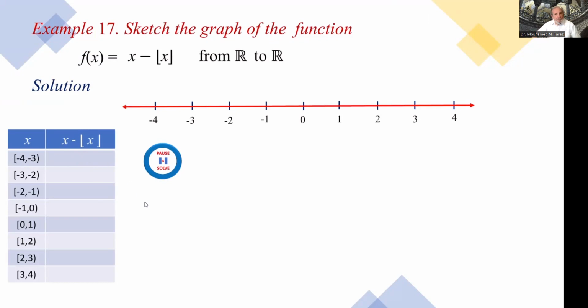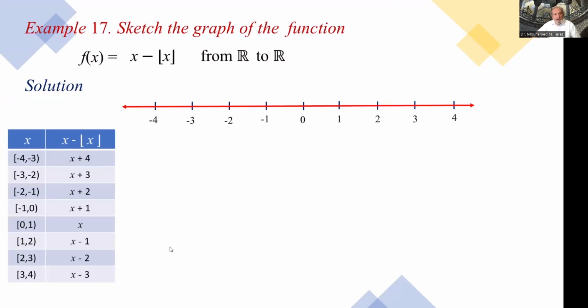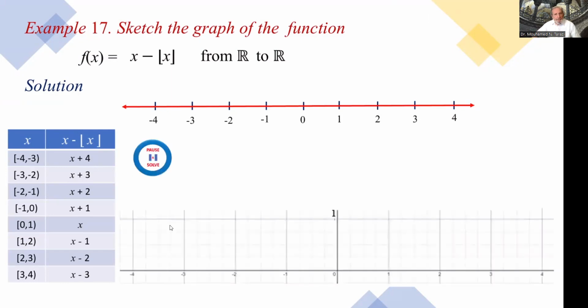So you just calculate that, you get x, you get these values. Now this is a straight line, x plus 4 is a straight line. So now you need to draw this function. So if you're drawing, say, y equals x plus 4, you can take 2 points. If I take negative 4, I get 0.